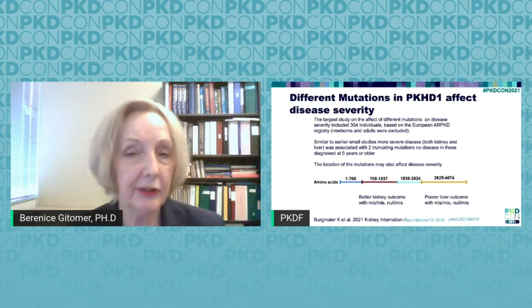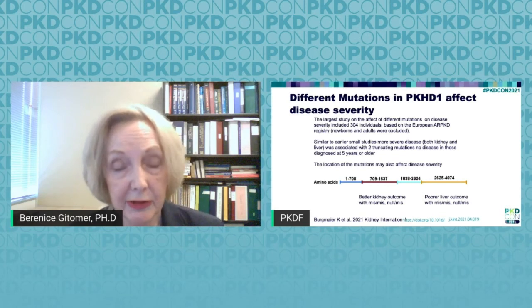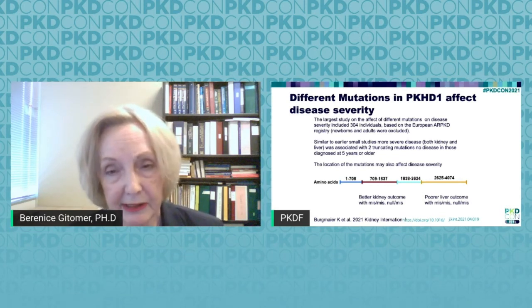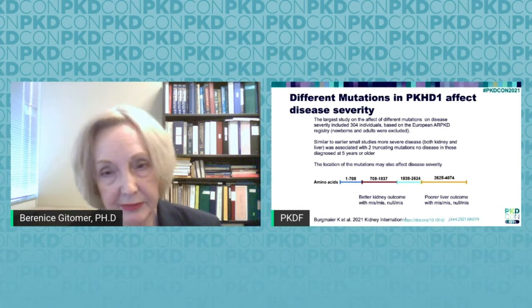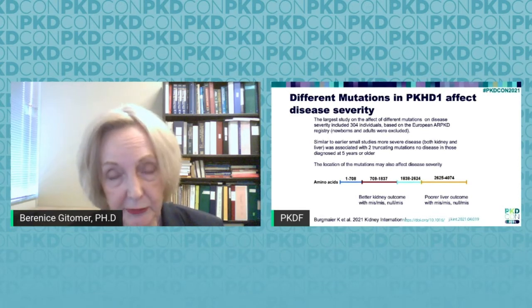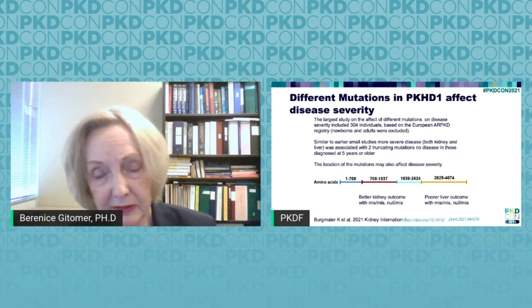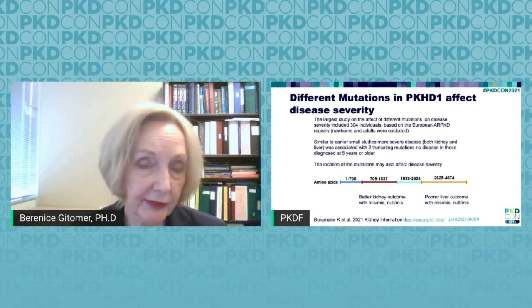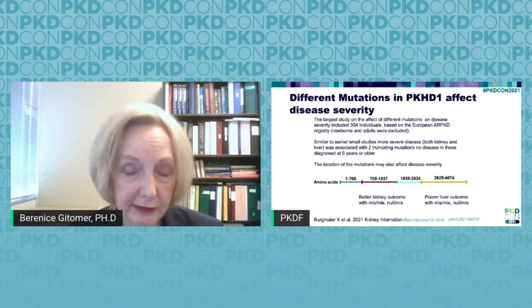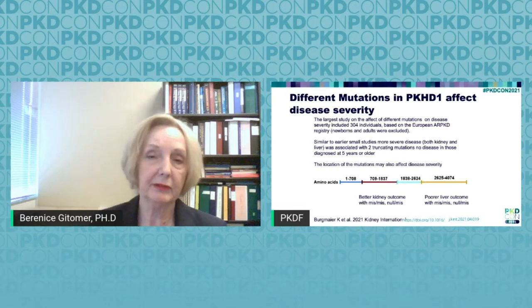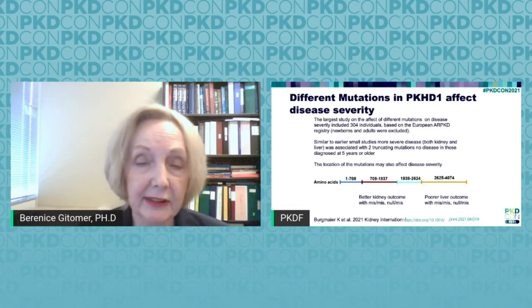There's a recent large study where they looked at over 300 affected individuals with ARPKD. They excluded adults who were diagnosed with ARPKD, and they also excluded neonates. So they're only looking really at children with ARPKD.